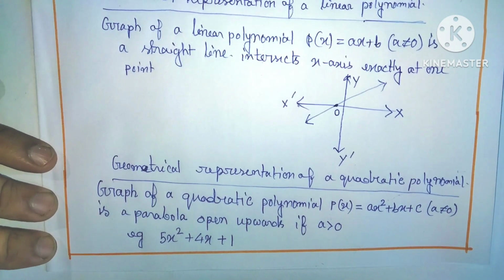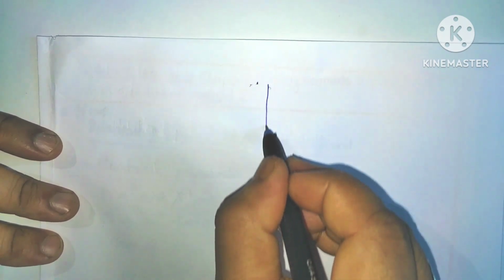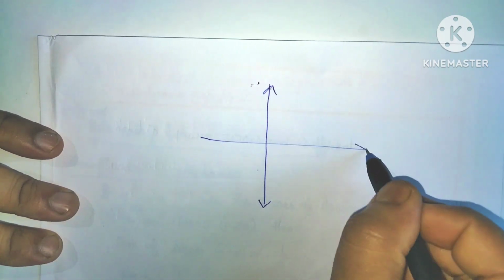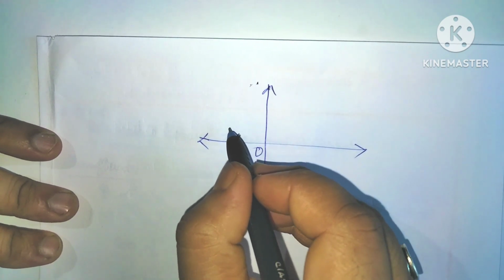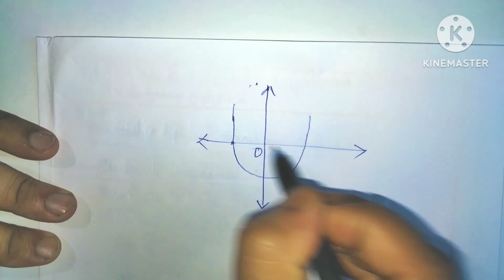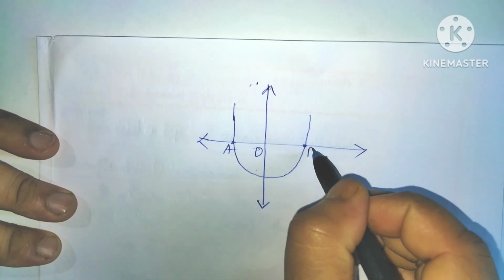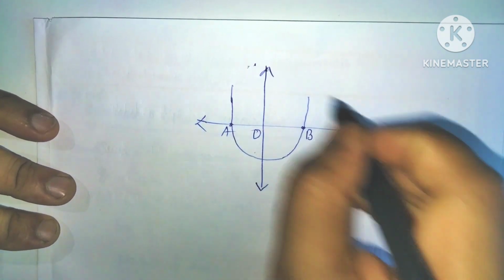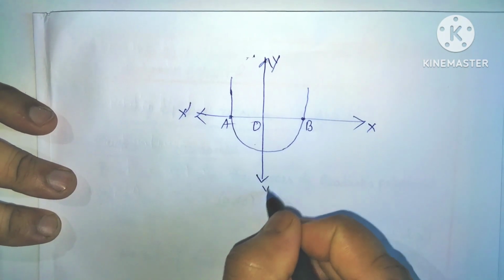It cuts the x-axis at 2 points, this point and this point. Suppose this is A and B.